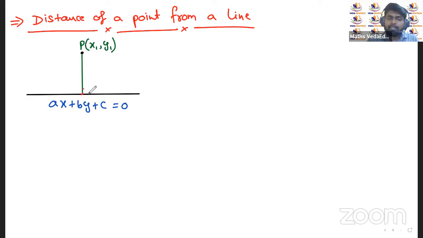And this perpendicular, we can assume this point as M. So distance PM will be modulus of ax1 plus by1 plus c whole divided by square root of a square plus b square.